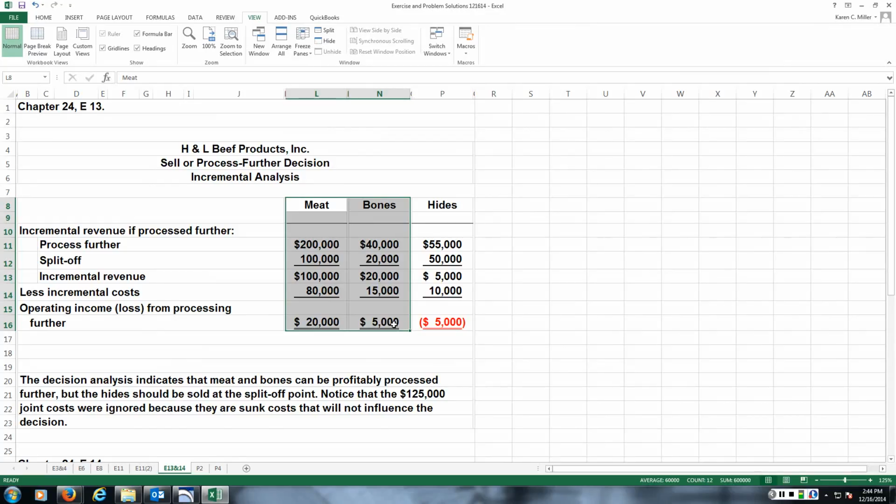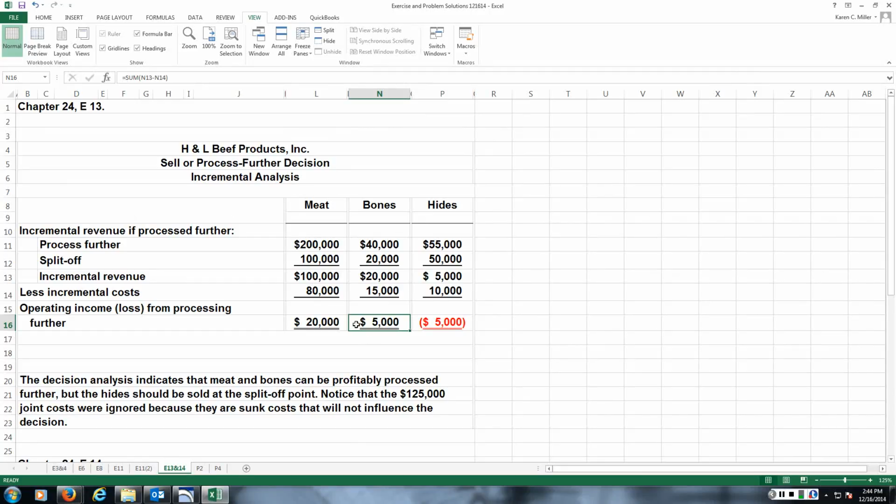Is $5,000 enough? Is this profitable enough for us to jump into this endeavor? Maybe not. But do we give up at this point? Not yet. We may simply need to go back into our processes and see if these incremental costs are just too high. Are there any costs that we could eliminate or minimize that we didn't focus on to begin with? So once again, this just gives us the quantitative data that we need to begin our analysis.